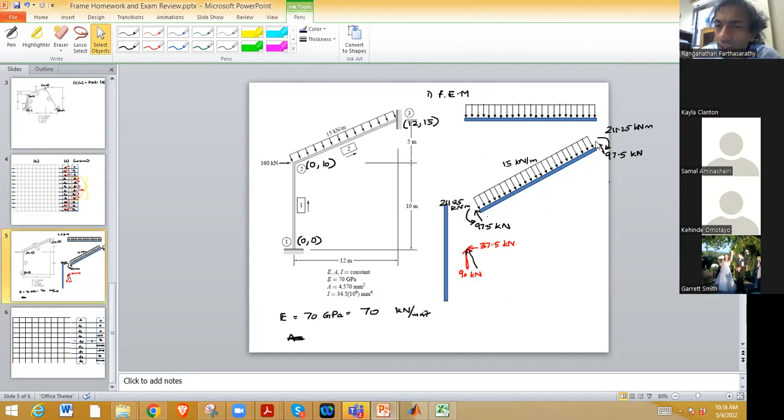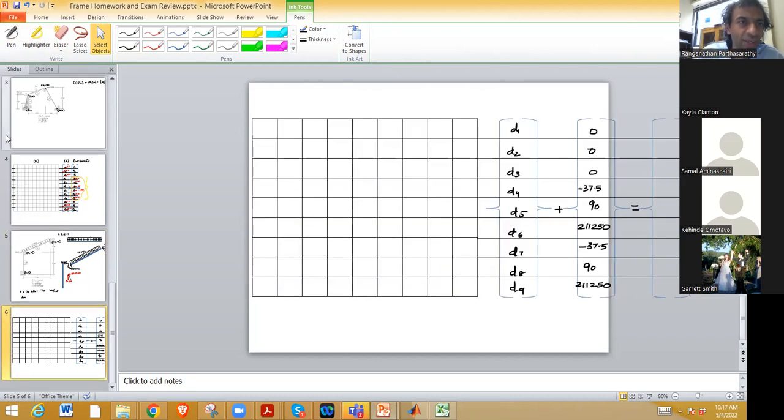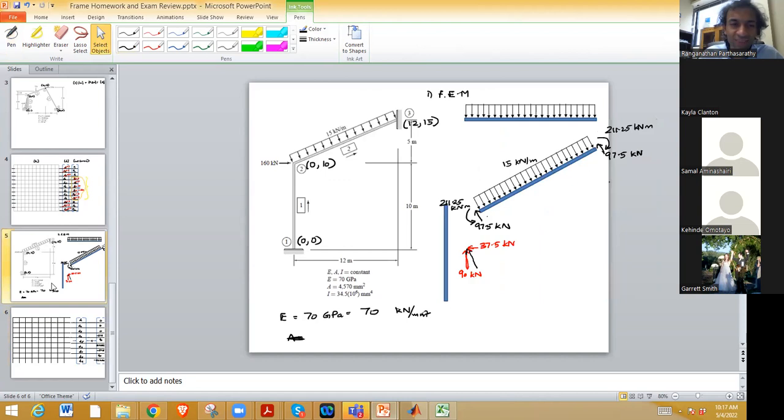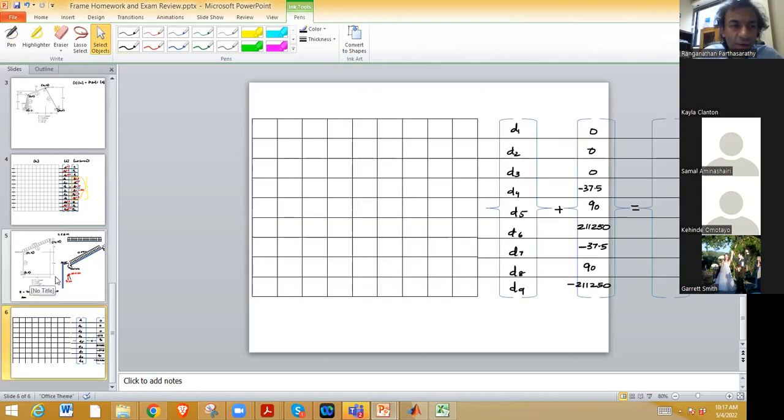Very good. It is clockwise. Yes, you are correct. Thank you. Very good. So now you have P1, P2, etc. The external forces. P1, P2, P3, P4, P5, P6, P7, P8, P9.